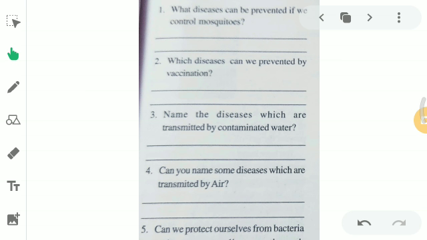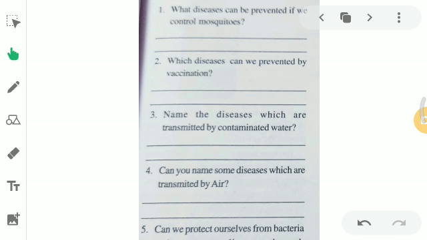Can you name some diseases which are transmitted by air? Tuberculosis, chickenpox, measles, mumps, polio, swine flu, etc. These diseases are transmitted by air.